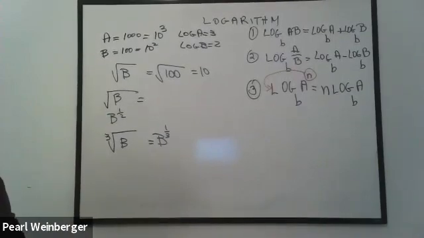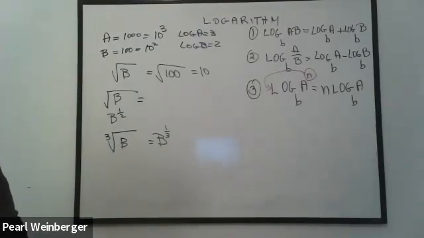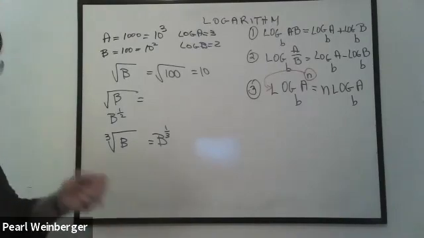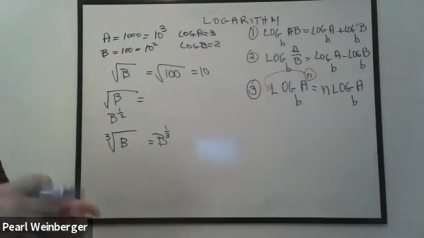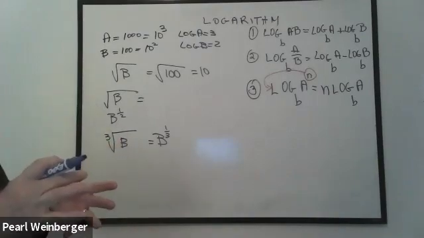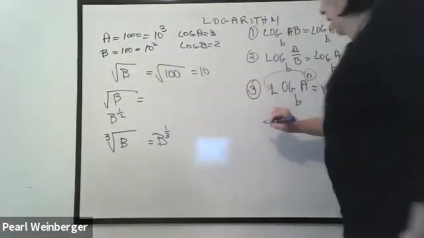Anytime you want to deal with radicals, in this chapter, first change that radical to an exponent. If it's a square root, make it a 1/2 exponent. If it's a cube root, put it to the 1/3. If it's a fourth root, put it to the 1/4 power. Make it into an exponent, and then just use the rules of exponents.